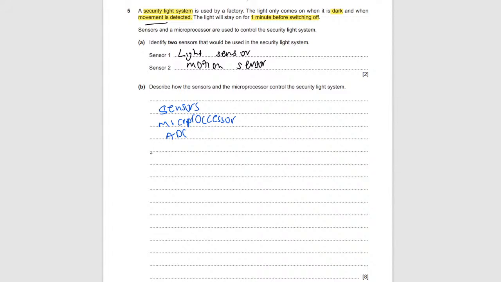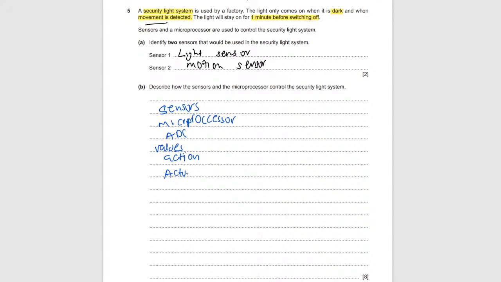You then talk about the values, like in this case, when it's dark, when movement is detected, and when the light stays on for 1 minute before switching off. Then you have to talk about the action taken when these criteria are met.